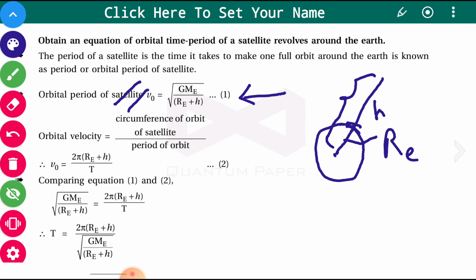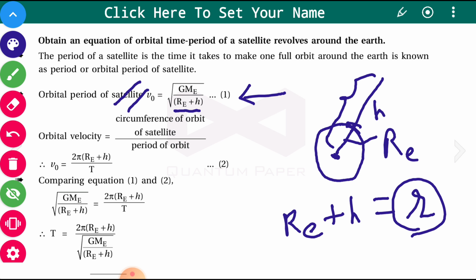So the total distance is Re plus h from the center of the earth. Sometimes this distance is denoted by r, so sometimes we use small r instead of Re plus h. Keep that in mind.